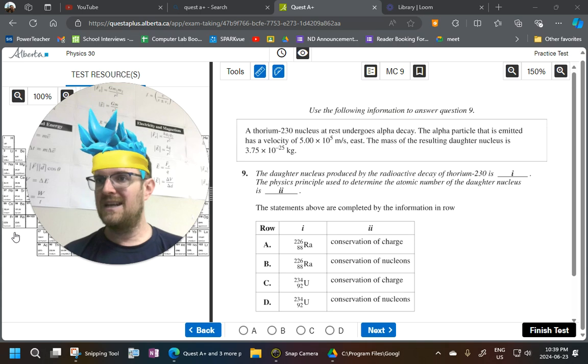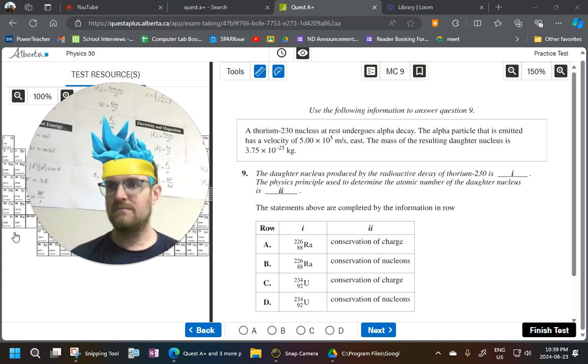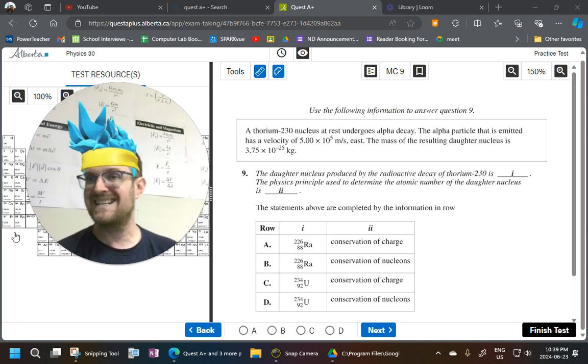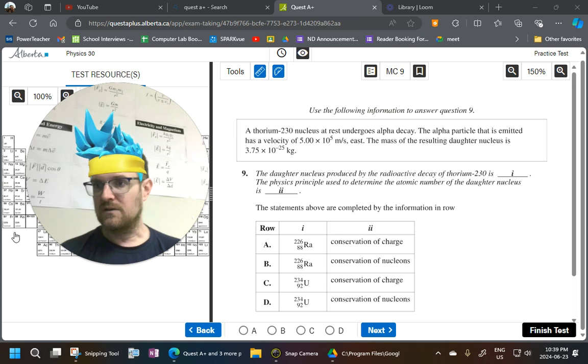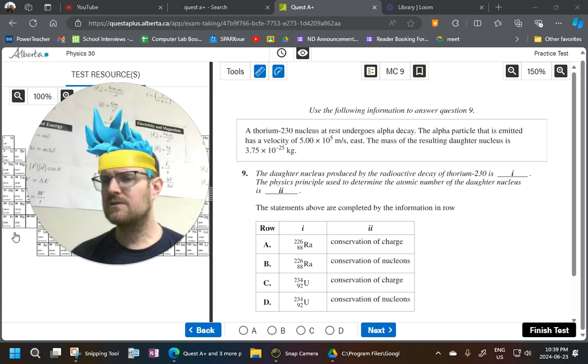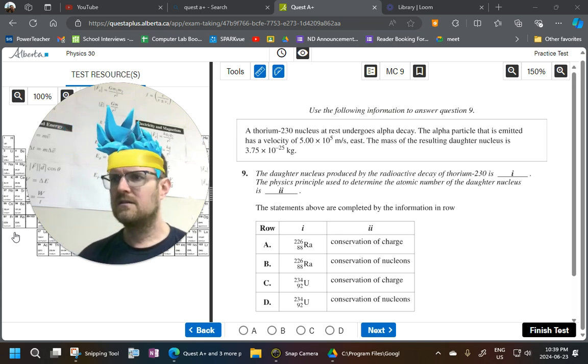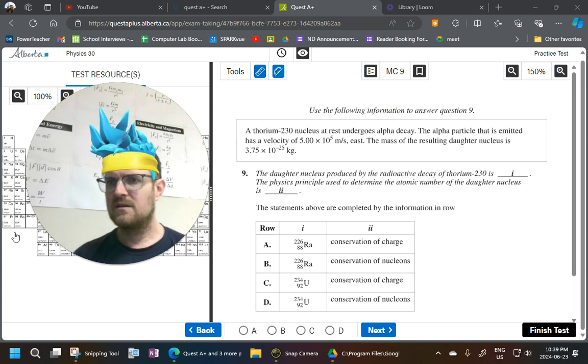The alpha particle is emitted at a velocity of 500,000 meters per second to the east. The mass of the resulting daughter particle is blah. The daughter particle, so that's the big guy. Okay, so what is the one that comes out?